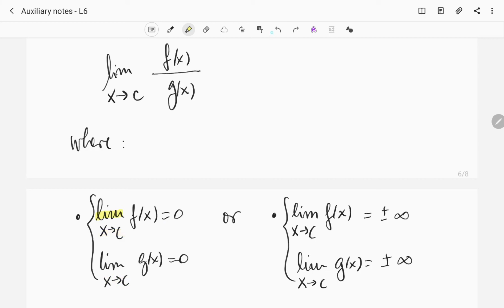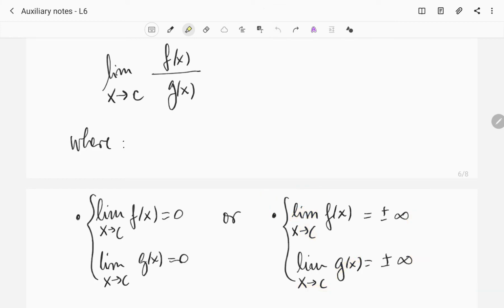So this is a package that comes together, let's say. Or the other situation could be this, where the limit of f of x when x goes to c goes to plus or minus infinity, and the limit of g of x when x goes to c goes to plus or minus infinity.